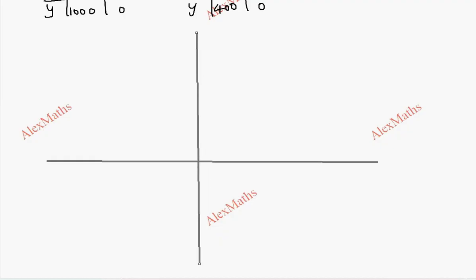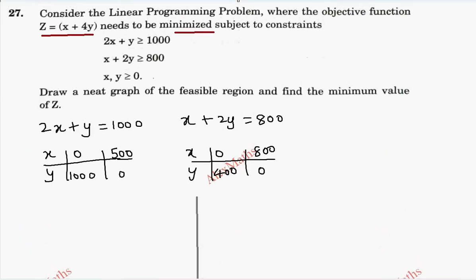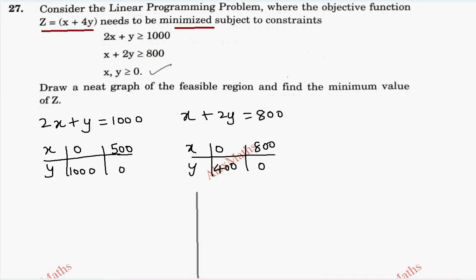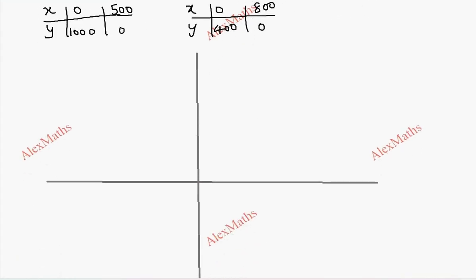But here there is another set of constraints, which is x and y are greater than 0. So we will be using only the first quadrant. The maximum value is 1000. So we can go for taking the scale. Before that, let's mark this as x, x dash, y, and y dash.